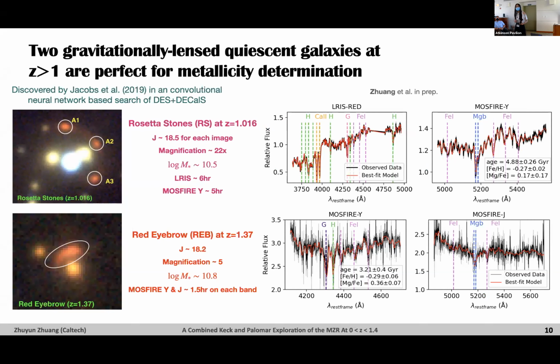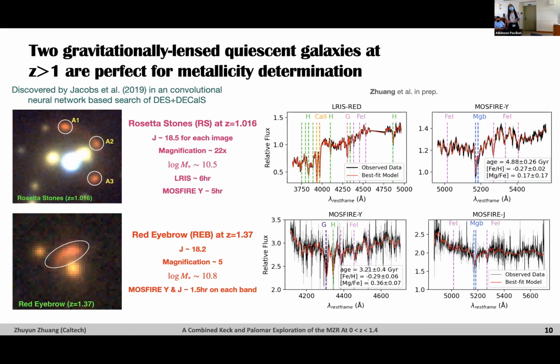These two lensed objects are perfect for stellar metallicity measurements because they are way brighter than other quiescent galaxies at similar redshift. So this year, we spent 11 hours on the Rosetta Stone with LRIS and MOSFIRE, and another 3 hours on the Red Eyebrow with MOSFIRE, so that we can obtain the rest-frame optical spectrum to measure the magnesium and iron abundances for these two galaxies.